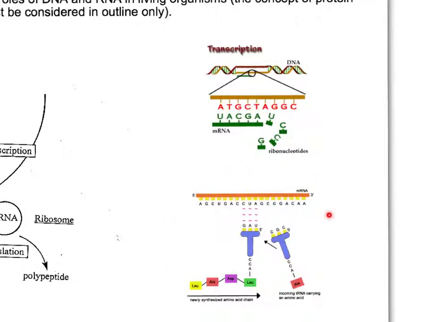Out on the ribosome, the sequence of bases on the messenger RNA is being read three bases at a time by these special transfer RNA molecules, these blue T-shaped structures, and these bring amino acids one at a time onto the messenger RNA, which results in a sequence of amino acids, these different coloured squares representing amino acids here. So that concludes our look at DNA.